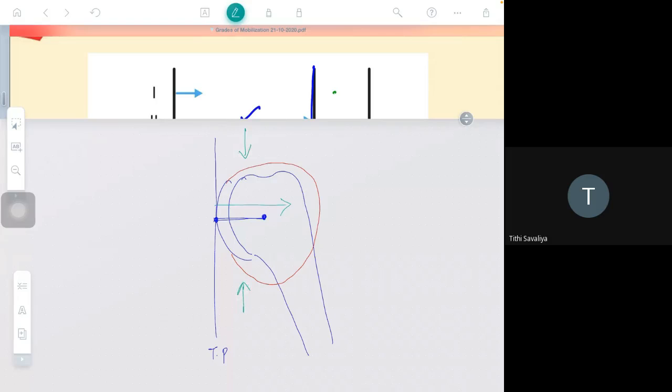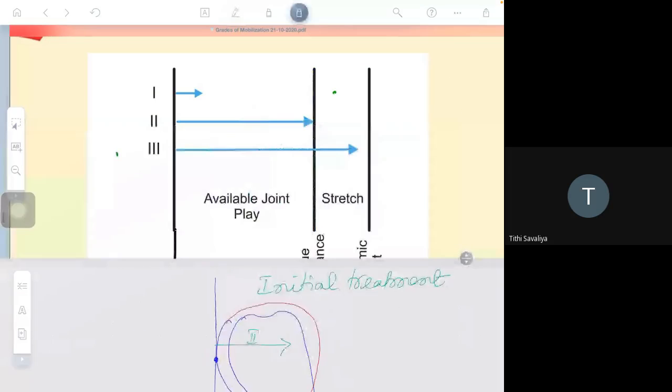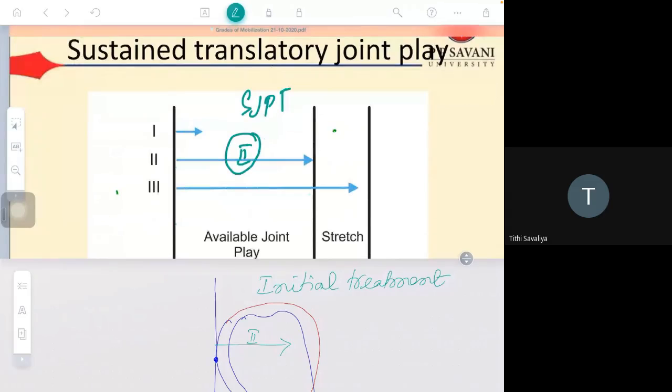All these we discussed earlier. Now what we are going to do is grade 2 distraction, that is initial treatment. Here, you have to start any mobilization with grade 2 of SGPT, sustained translatory joint play technique.